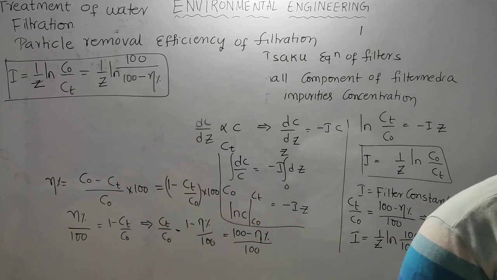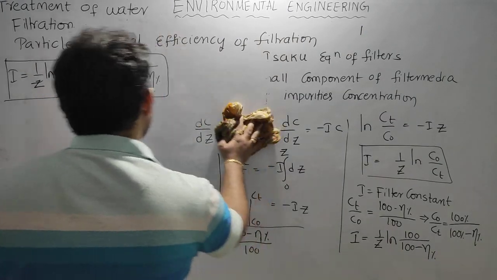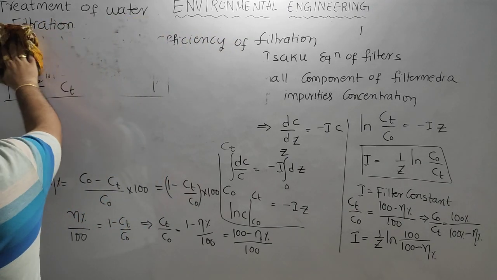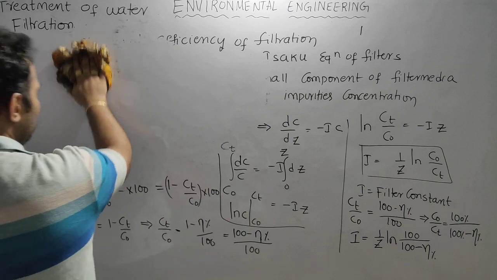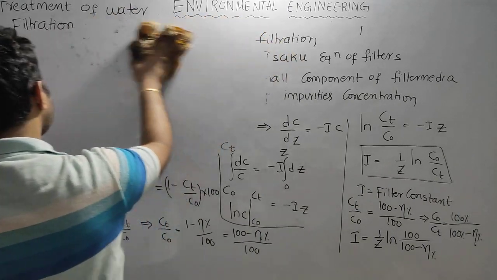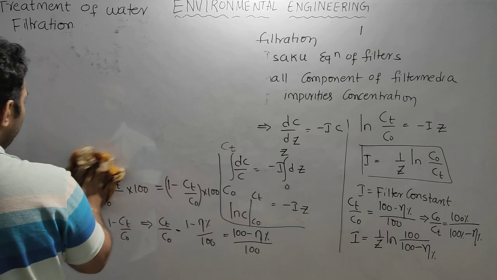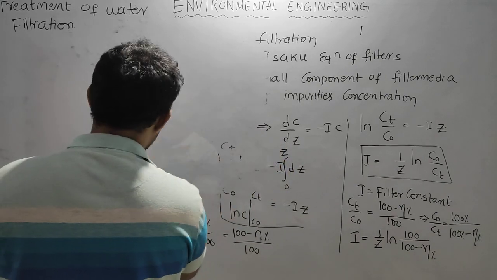In the previous session we discussed the particle removal efficiency of the filter and the velocity of backwash. Now in this session we are going to discuss what is meant by particle breakthrough and what is meant by time for reaching terminal head loss of a filter.